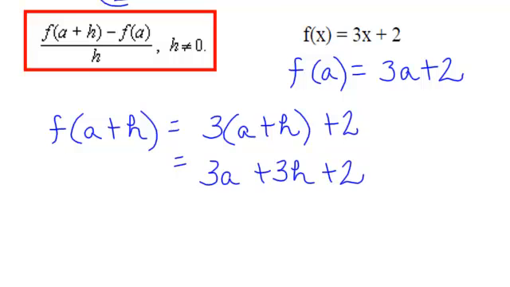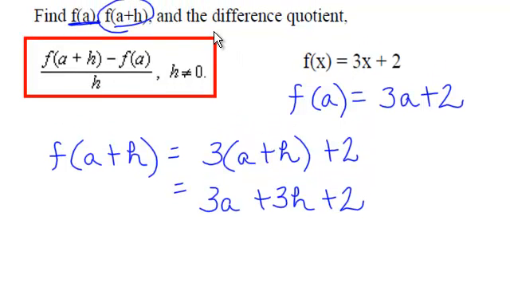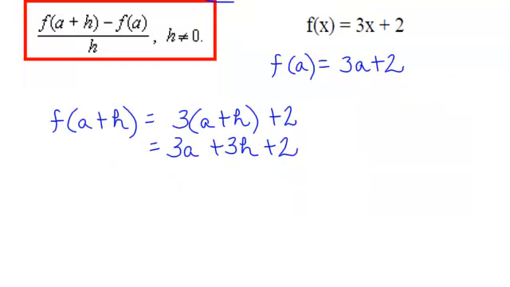Now they want me to find the difference quotient, the entire formula, the f at a plus h minus the f at a, then divide it by h. Okay, so I need to take f at a plus h. That's what it told me to do, which is 3a plus 3h plus 2. Then they want me to subtract f at a, which is 3a plus 2.